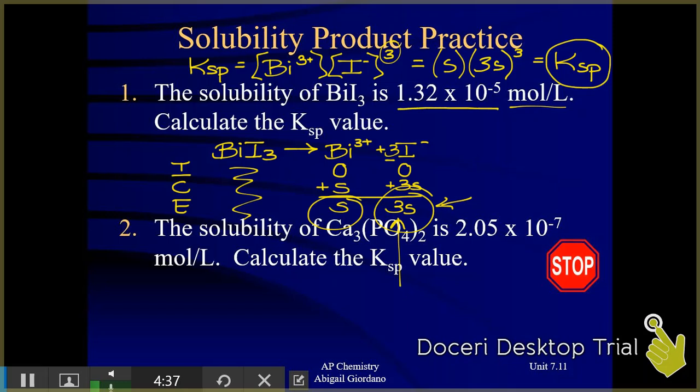You've got to take that number and multiply it times 3, and then raise it to the third power. And then we're going to multiply it one more time for bismuth. So please understand, guys, all I am doing is taking this number and plugging it in right there and right there. And when I do that, here's my final answer for Ksp.